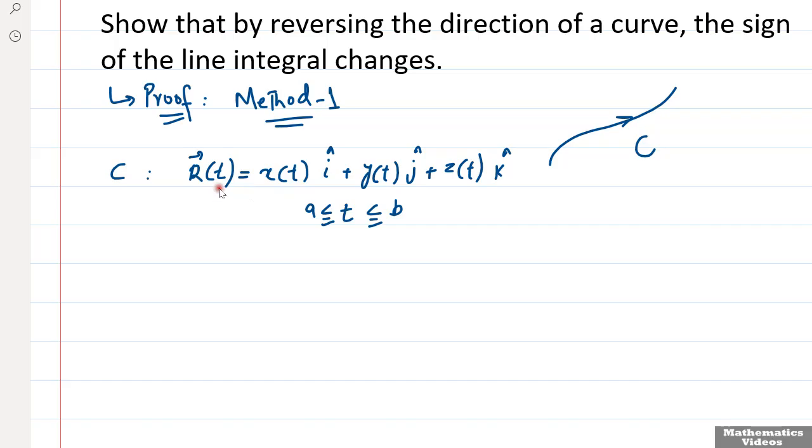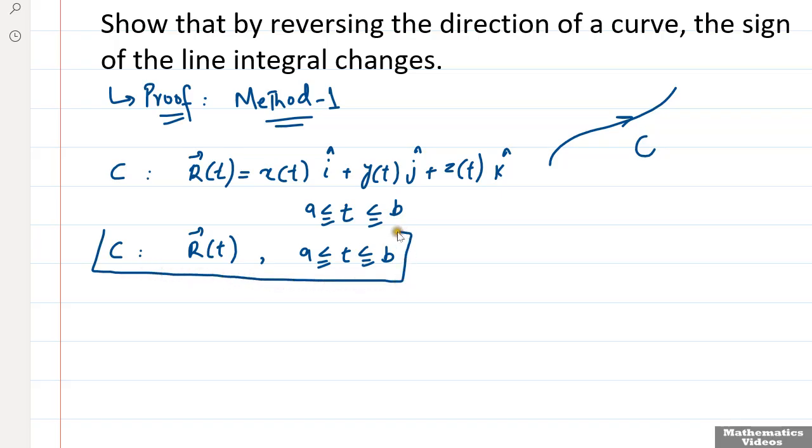So r of t is the vector which represents the curve C when t ranges from a to b. In the proof we do not need x of t, y of t and z of t, so we can simply represent the curve C by the vector r of t, and then we can give the variation of the parameter t. So this is the parametric representation of the given curve.